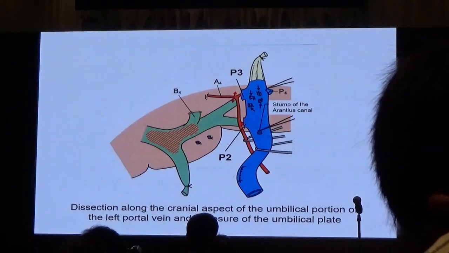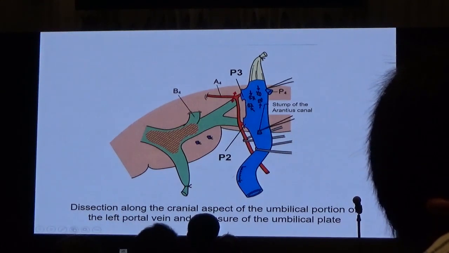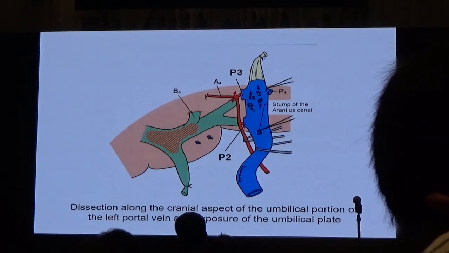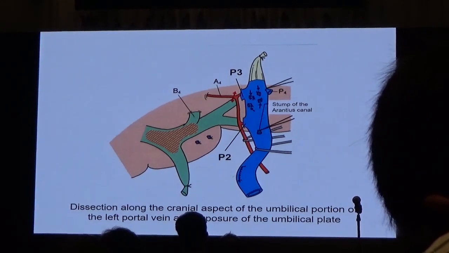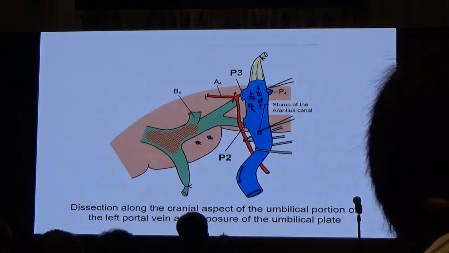And I applied this technique, mobilizing the umbilical portion of the left portal vein from the right side, dividing the many medial branches of the portal vein for segment 4. And after mobilizing the umbilical portion of the portal vein, we can expose the left lateral sectional duct on the right of the mobilized umbilical portion of the left portal vein.